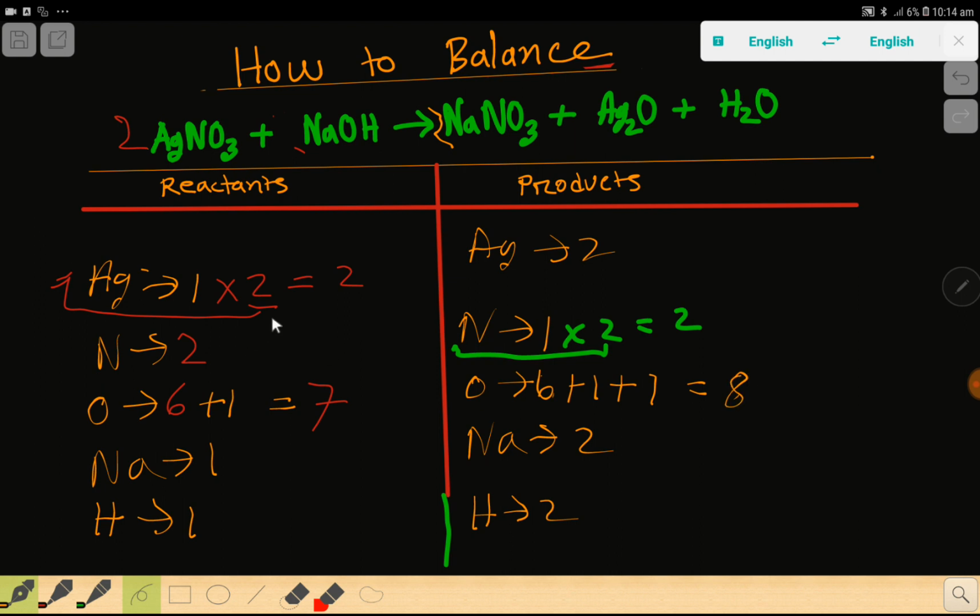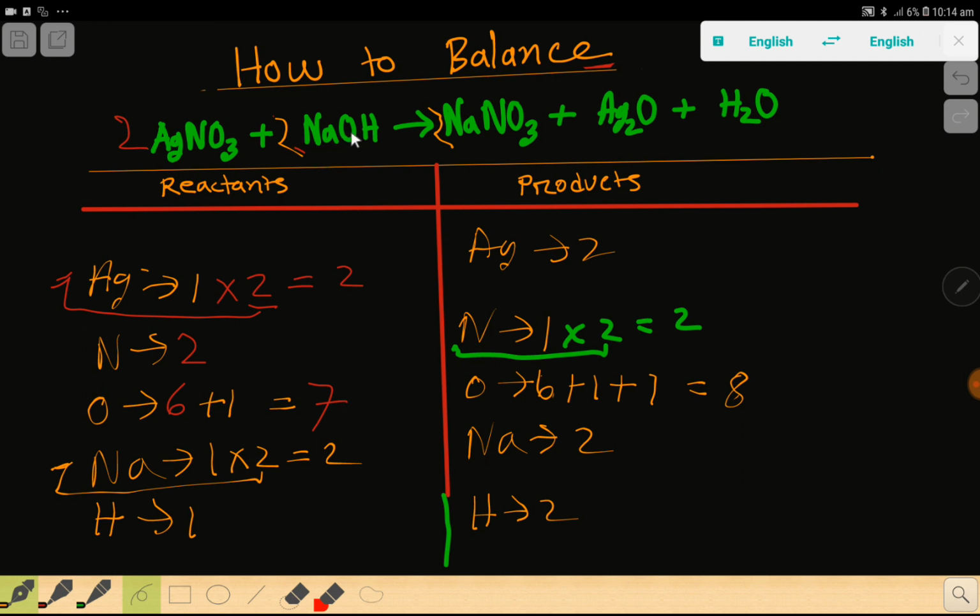Okay, look, nitrogen 2 is balanced, then sodium here 1 but here 2. So to balance the sodium, I can simply multiply here by 2, that gives me 2. These 2 must come before this sodium. This sodium has come from here, so we have to place 2 here. If I place 2 here, the number of sodium will be 2, already we have written.